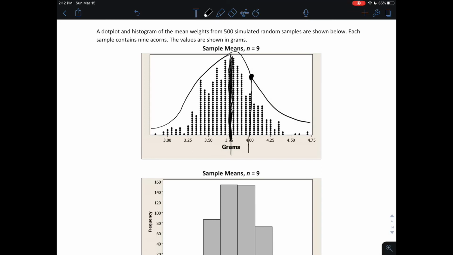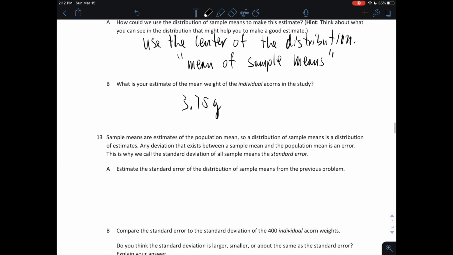And it looks like for our graph, that happens at 4.00 on the right, if we're using that as a guide. That's 0.25 away from the center, so that could be a good estimate for the standard error.